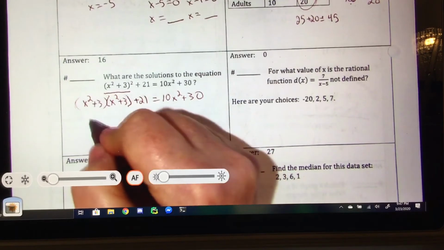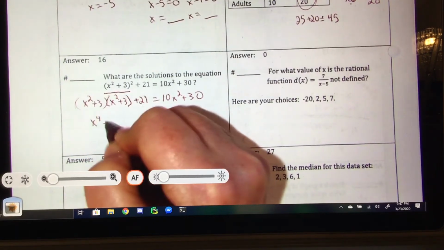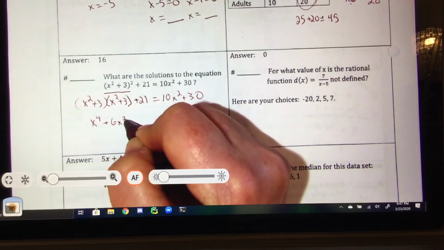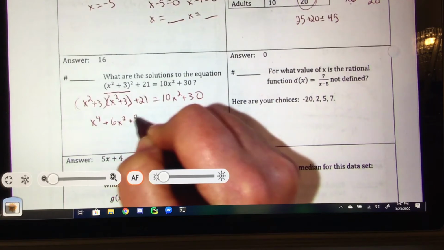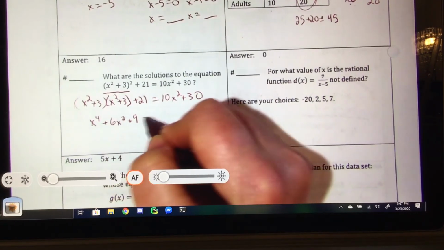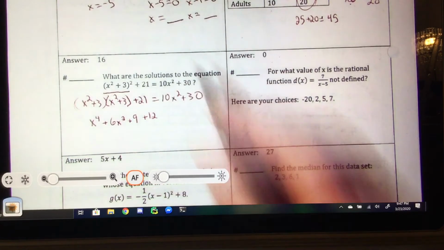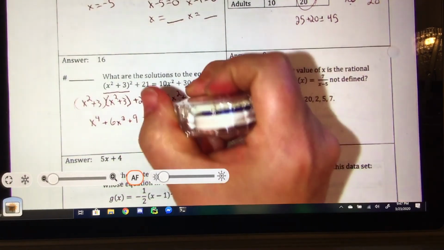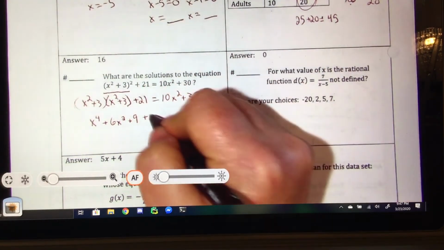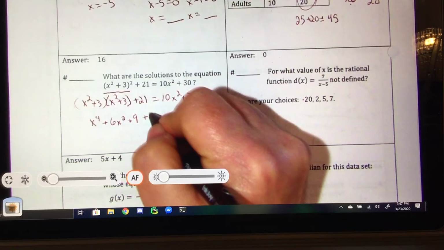And if you don't get x to the 4th plus 6x squared plus 9 for that, you're not going to get it right. Oops, I wrote 12 and I need to write 21. Equals 10x squared plus 30. And again, I'm not going to go any further with that.